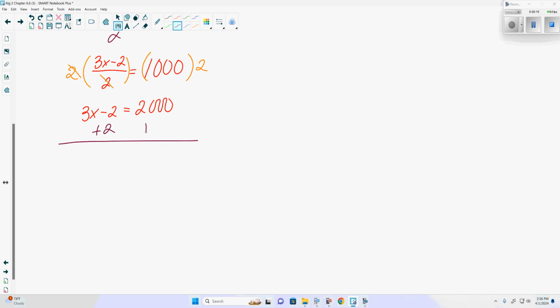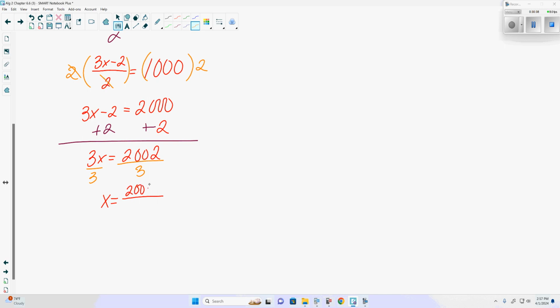Then what would we do next? We would add 2 to both sides, which will tell us that 3x is equal to 2002. And lastly, we would divide by 3. Does 2002 divide by 3 nicely?